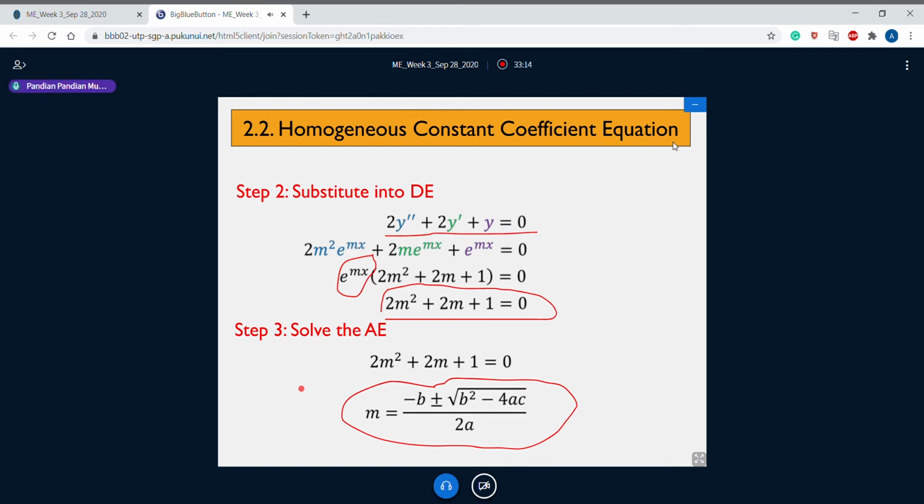Even though it is 2 roots, sometimes you will waste time factorizing or doing trial and error. If you can do it very fast, then it will save your time. But if you want a very quick one, let's say you try 1, 2 or 3 attempts and you cannot do factorization or intuitive calculation, then you can use the formula m = (-b ± √(b² - 4ac)) / 2a.